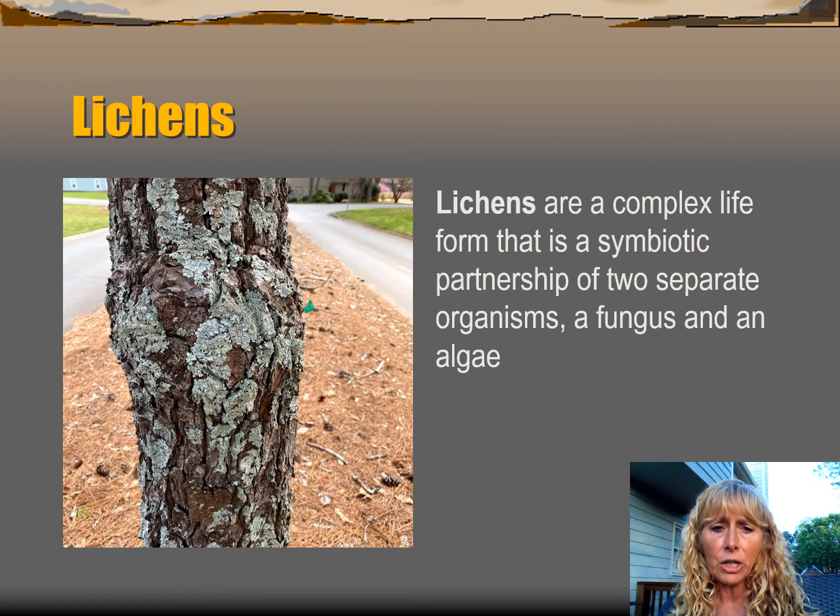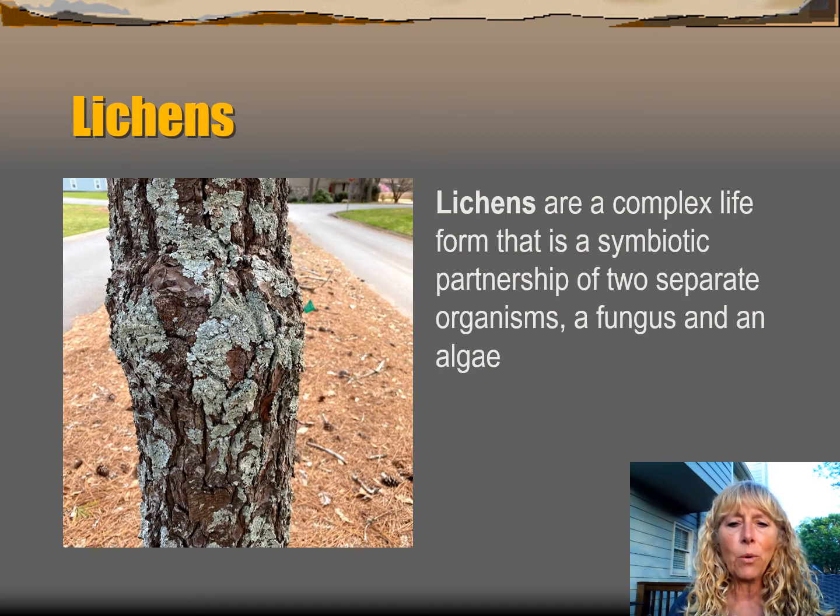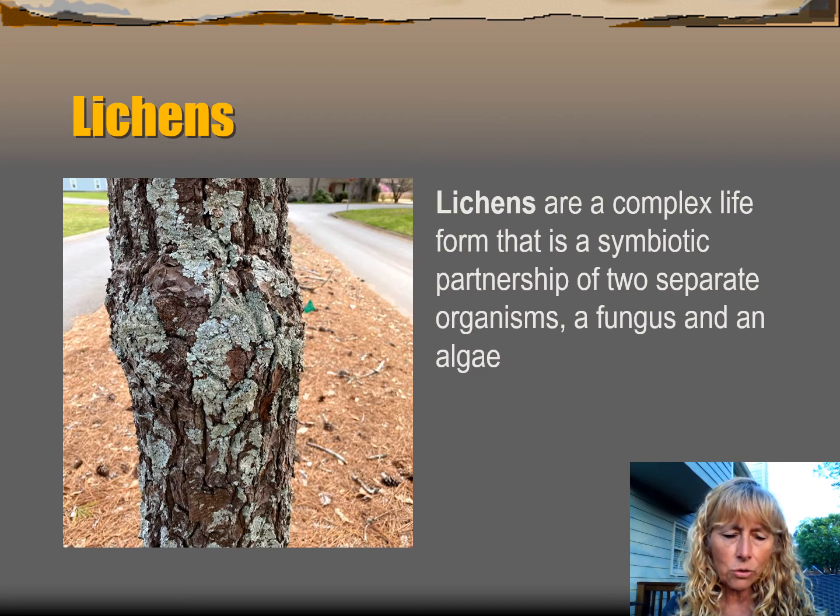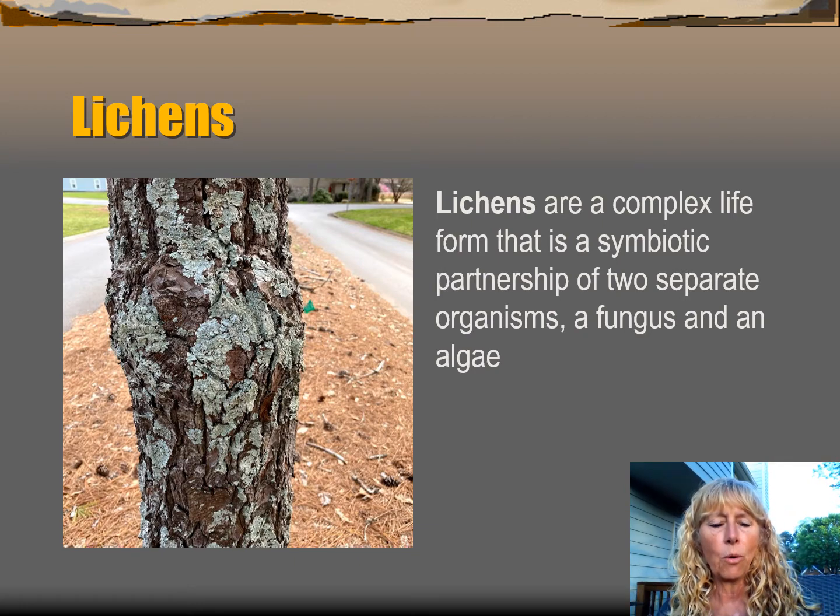So this was on a walk, and this tree had a lot of lichens growing on it, and I know you've seen that. They are a life form that's a combination of two organisms that grow together, and that's fungus and algae.